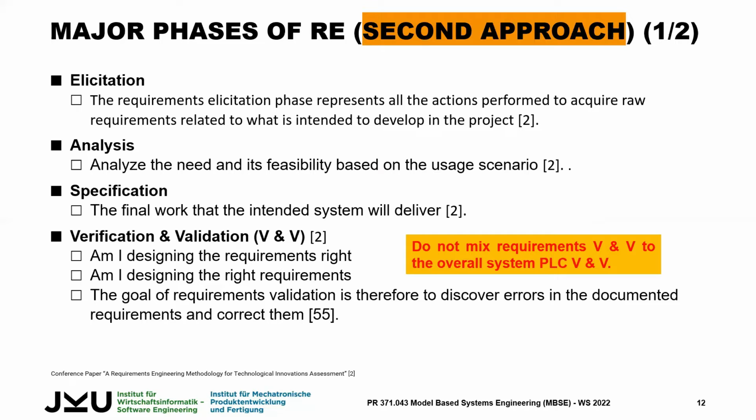Here we see whether the requirements we have created are right or wrong. And there, we validate whether the system is fulfilling those requirements or not. This is the biggest difference. Normally people confuse V and V, verification and validation. They think it is the same for everything. It is not.